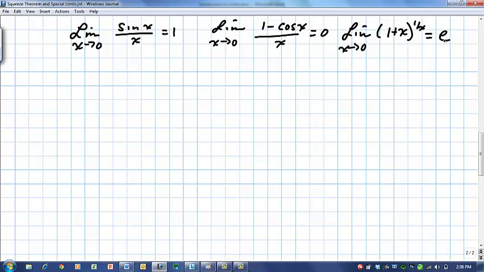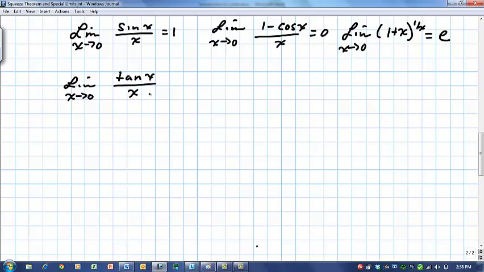All right, so for example, if I asked you to find the limit as x approaches 0 of the tangent of x over x. Of course, if we just plug in, we get 0 over 0, so we get indeterminate form.